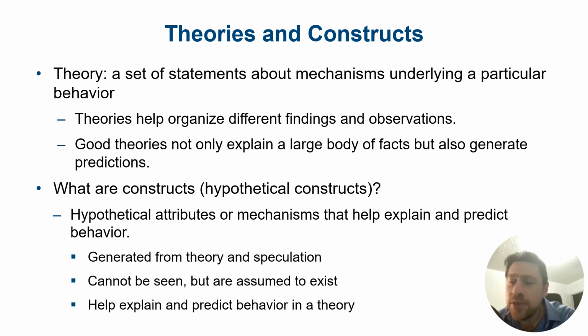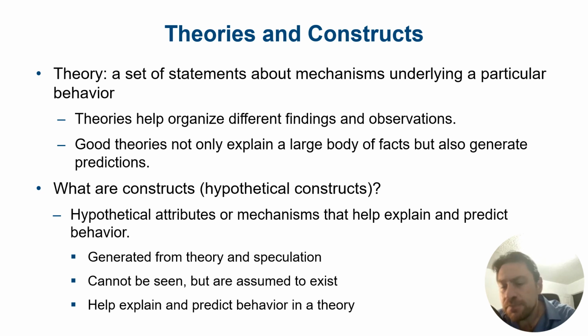Furthermore, theories should also be able to generate predictions. So for example, if you have a theory that states that low self-esteem interferes with academic performance, then you should be able to make predictions regarding the grades of children with a low self-esteem.